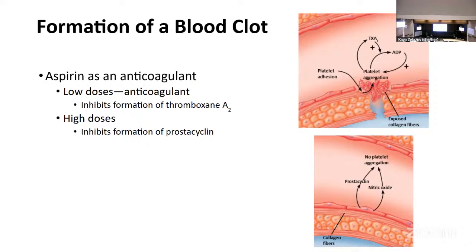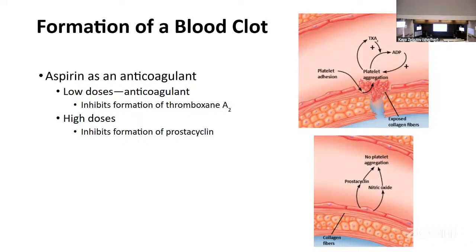When your doctor tells you to take a baby aspirin every day, what they're actually trying to do is stop clot formation. Heart attacks are often caused by clots getting stuck in little arteries that feed your heart muscle itself. Strokes are caused by clots getting stuck in blood vessels in your brain. So you don't want that to happen, right?